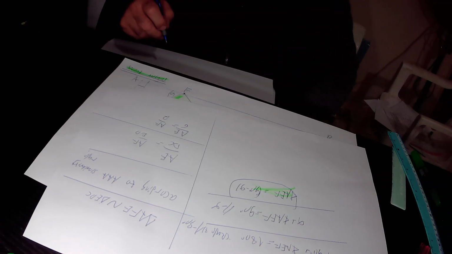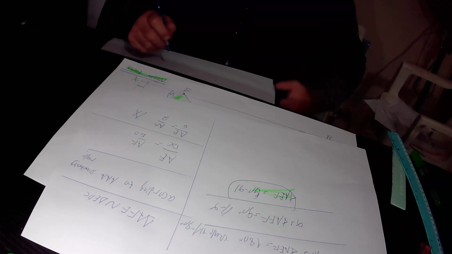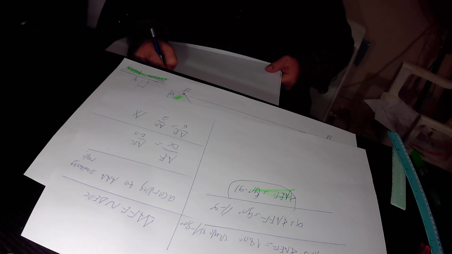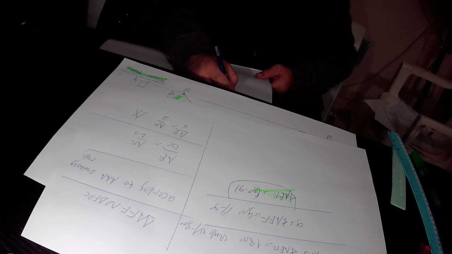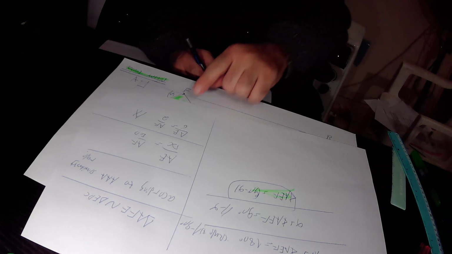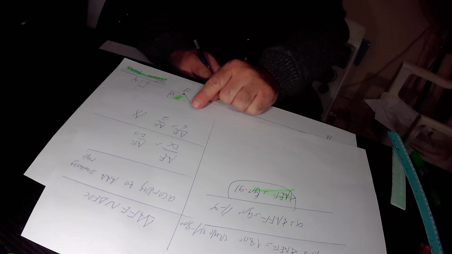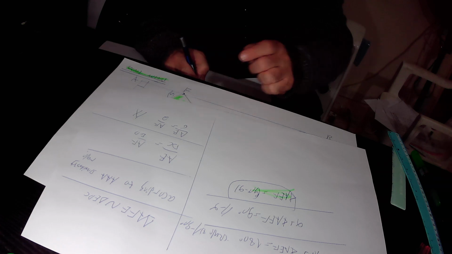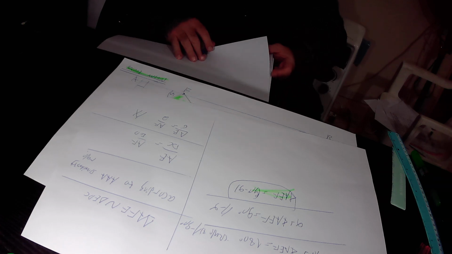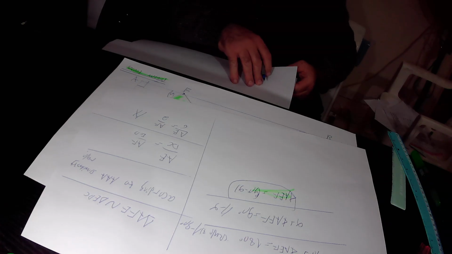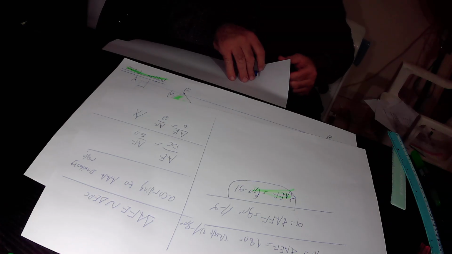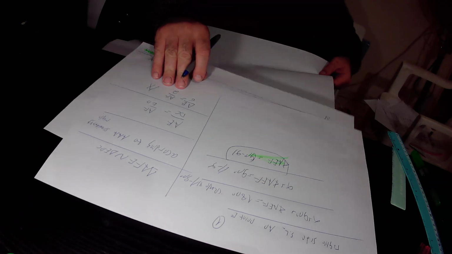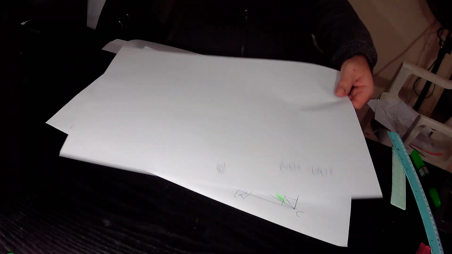Here we cross multiply this equation, and here you get that 2 times AE equals 6 times AF.